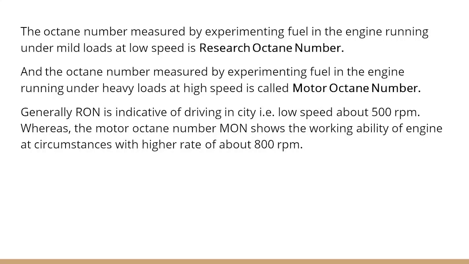Generally, the Research Octane Number is indicative of driving in the city, that is at low speed, about 500 rpm, whereas the Motor Octane Number shows the working ability of the engine in circumstances with a higher rate of about 800 rpm.